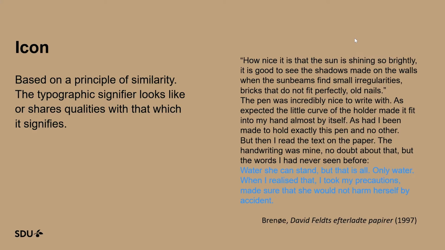And as Feldt becomes more and more absorbed by the narrative he produces with the fountain pen, the gap between the black part of the narrative and the blue part decreases, in the sense that the narrative no longer vacillates between what Feldt believes he's writing in black and what is actually there on the paper in blue. Instead, the narrative increasingly consists of the narrative about the man who's starving the woman he loves to death in blue, and Feldt's reactions to that narrative in black.